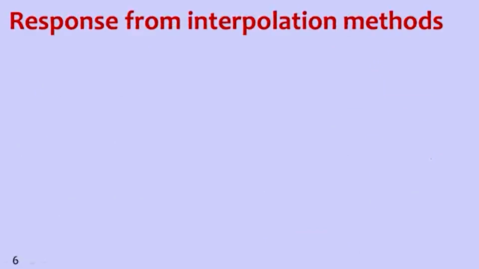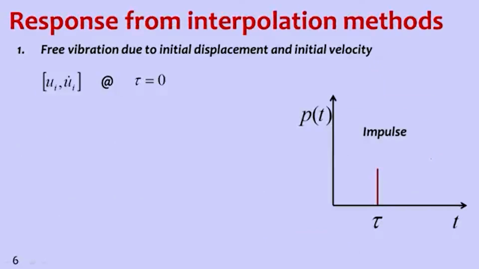Now first one is response due to initial conditions. So initial conditions, that means what? Some force is acting up to this point. What are the initial conditions at this point? So we need u at i, u dot at i at tau equal to 0.